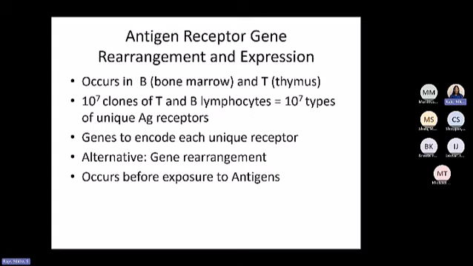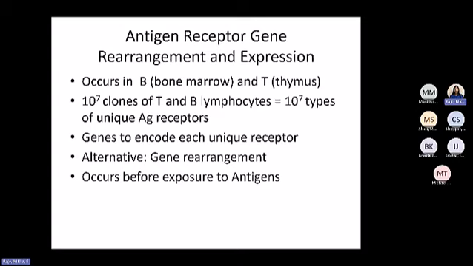The reason for that is, if you think about the genes that are required to encode various types of receptors, each B and T cell has a unique receptor on its surface, and these antigen receptors are responsible for giving the diversity of antigens that they can bind to.